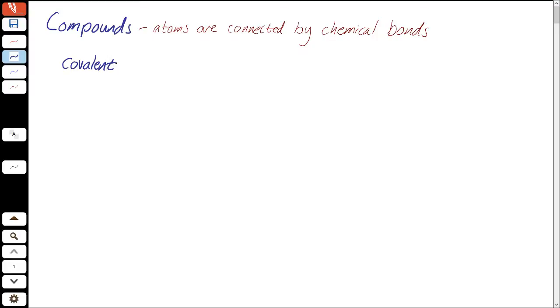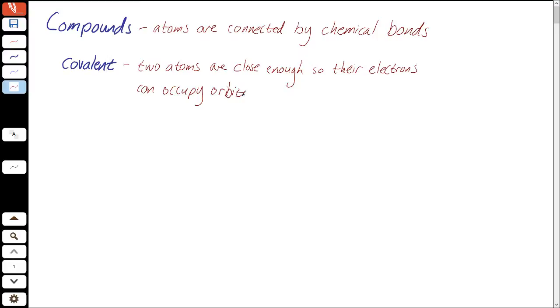But basically, a way that we can define a covalent bond is that two atoms are close enough so their electrons can occupy orbitals in both atoms.